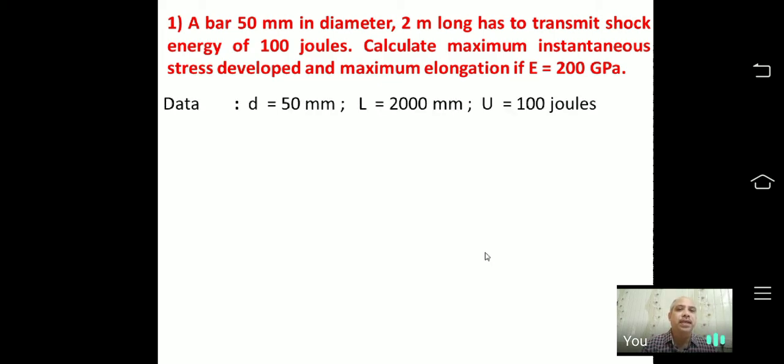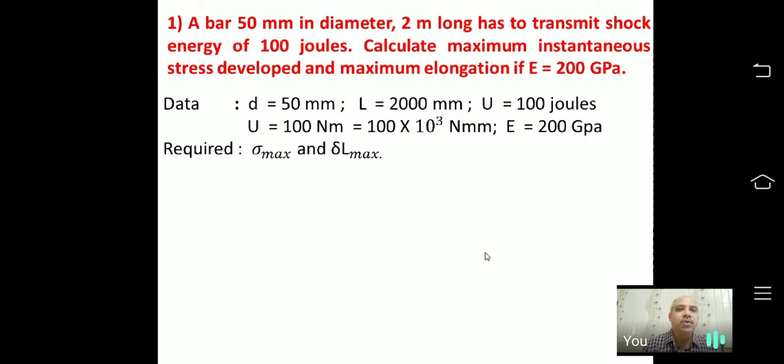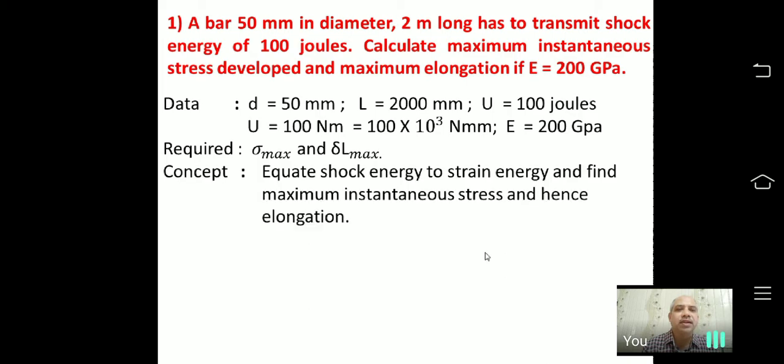Now we will go to problems on this. First, a bar of 50 mm diameter, 2 meters long, has to transmit shock energy of 100 joules. Calculate the maximum instantaneous stress developed and the maximum elongation if E equals 200 GPa. This is the given data. U, the shock energy, is 100 Newton meter. We are interested in finding sigma max, the maximum instantaneous stress.